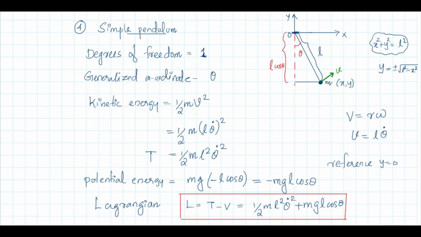Now, the equation of motion. What is the equation of motion? d by dt of dou L by dou theta dot minus dou L by dou theta equal to 0. Here theta is the generalized coordinate. We already have L as half m L square theta dot square plus mgl cos theta.